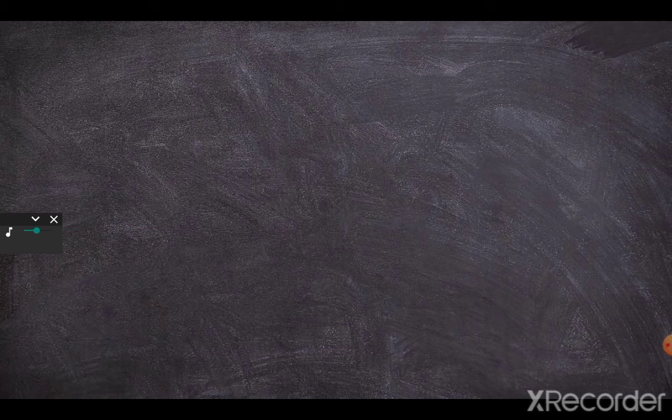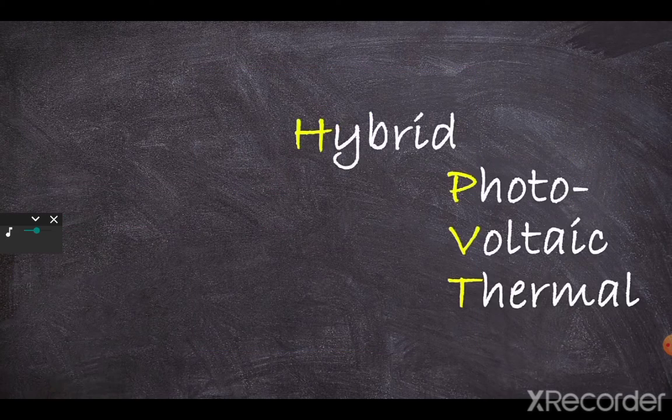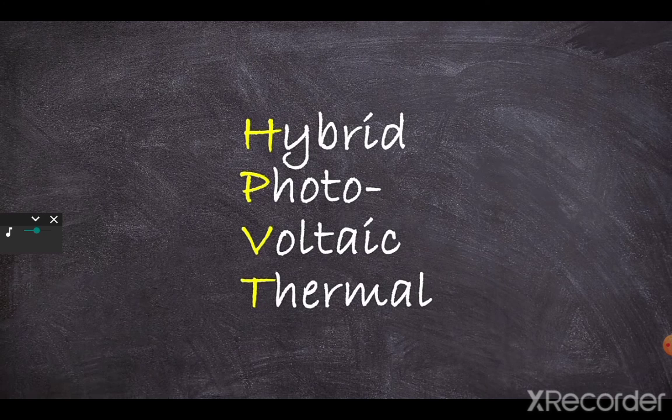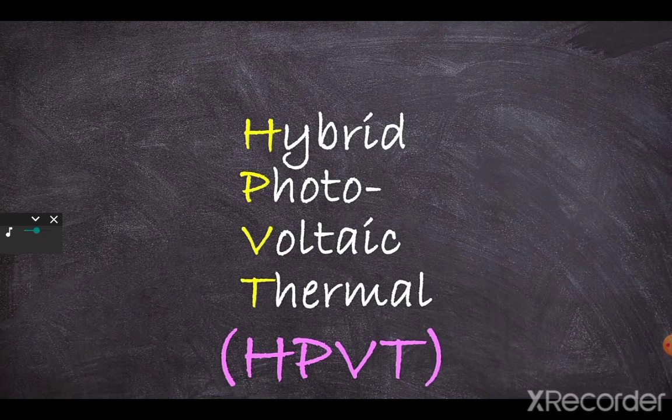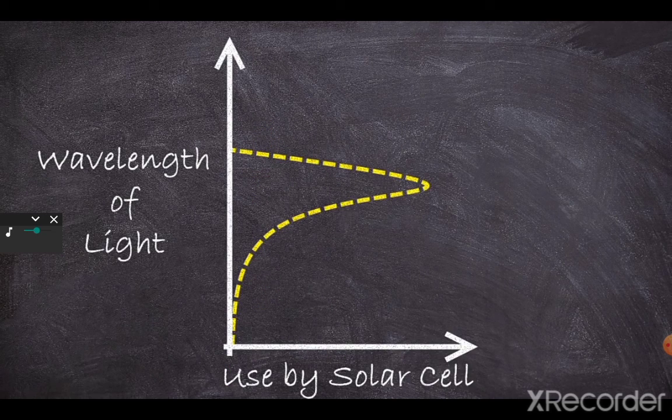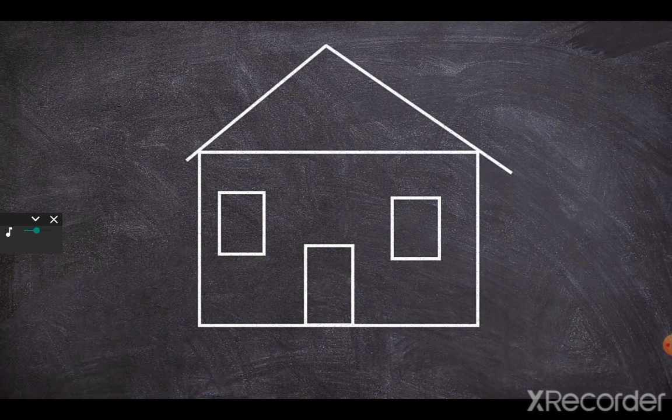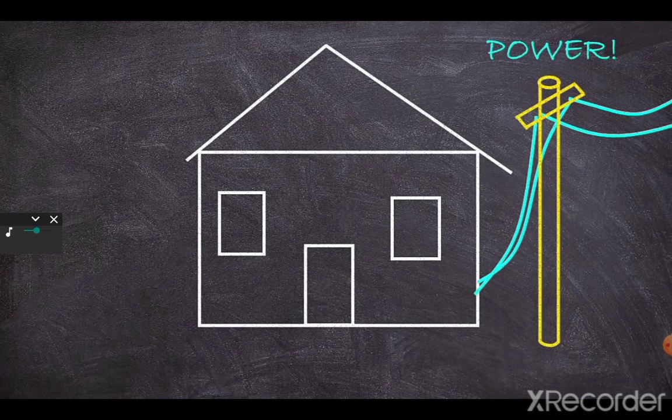But going back to this heating of water idea, this also has applications to create so-called hybrid photovoltaic thermal cells, or HPVT. Solar cells for power generation don't actually use all the wavelengths of light that the sun emits. In fact, they don't use any light at all above a certain cutoff wavelength, which is related to what's called the band gap energy. Well, houses need power, sure, but they also need hot water.